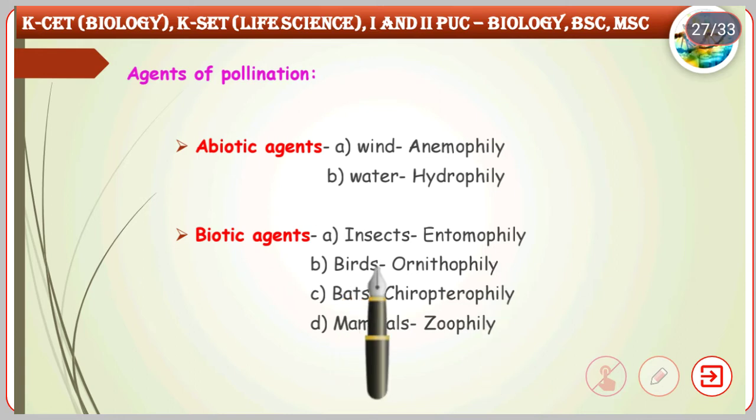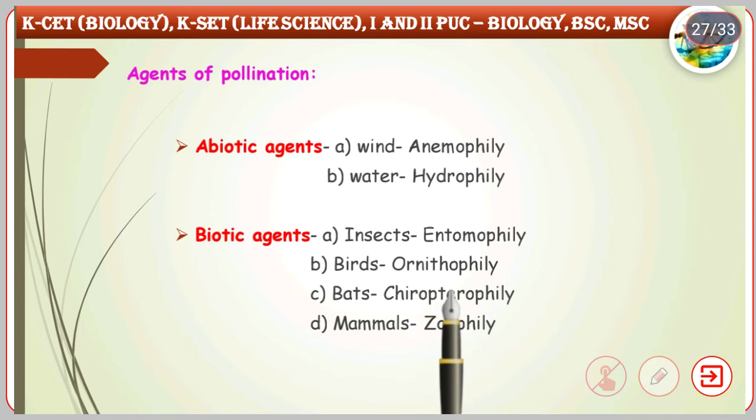If the transfer of pollen grains takes place with the help of insects, then it is called entomophily, like the study of insects is called entomology, right? And if the pollination takes place with the help of birds, then it is called ornithophily.